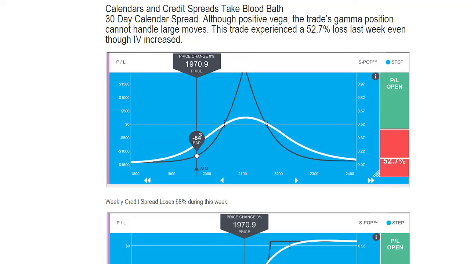So again, if you think you can put on a calendar and it'll hedge the vega in your portfolio, just keep in mind it's only going to work in a really narrow area, as you can see here in the picture. But any substantial move, and the trade will get hammered.